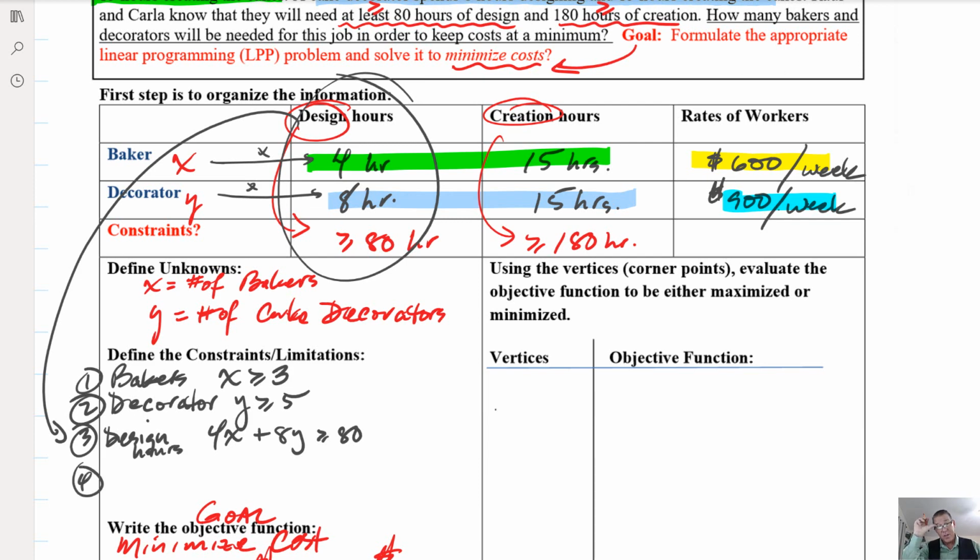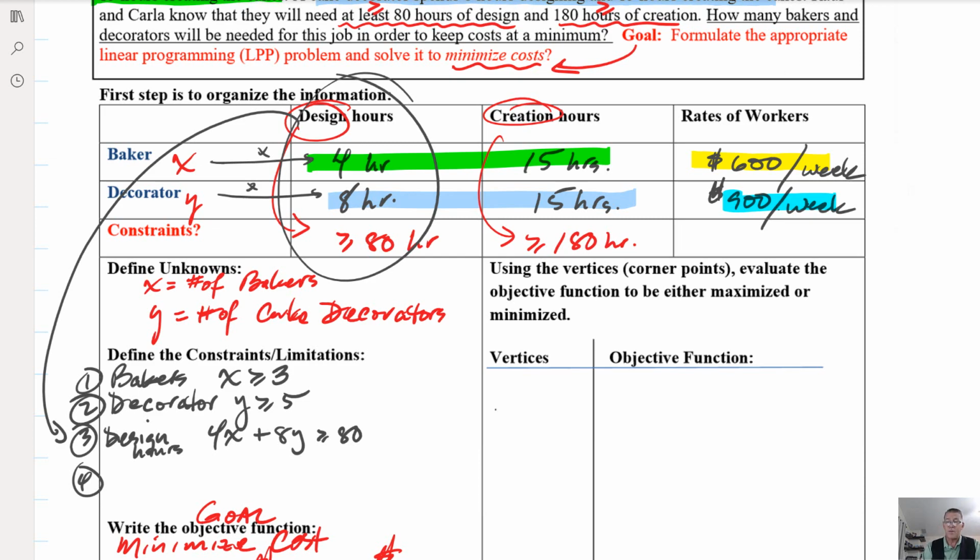So for every baker, it takes 4 hours. You take the number of bakers, multiply it by the hours to get the total time for the bakers. You do the same thing for the decorators. You take the time times the number of decorators, you get the total time for the decorators, add them up. So that's 4x plus 8y. That'll give you your total time, and that's got to be greater than or equal to 80.